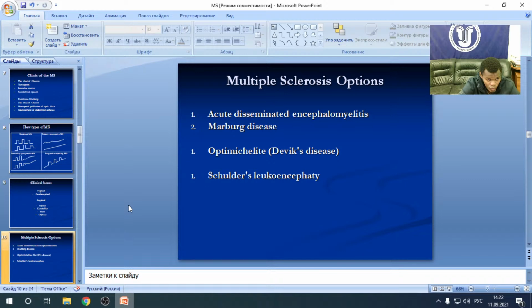You have different types of MS: acute disseminated encephalomyelitis, Marburg disease, optic neuromyelitis, or Schilder's leukoencephalopathy. These are the types of MS.